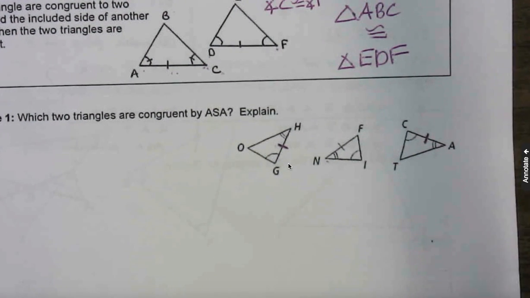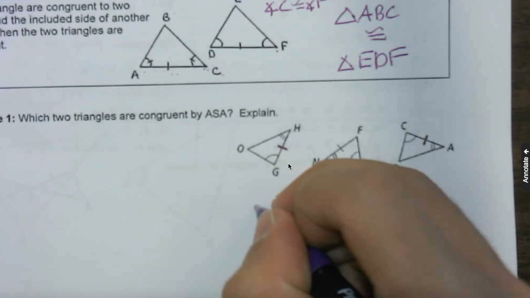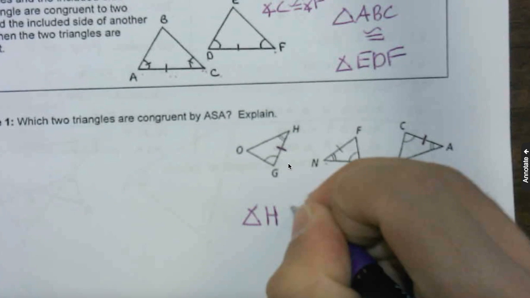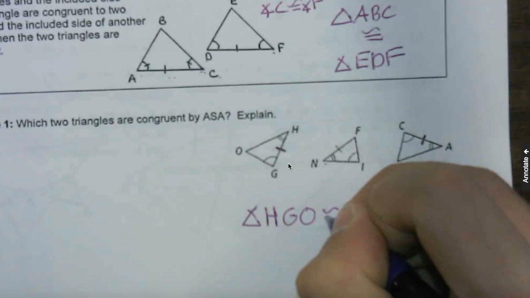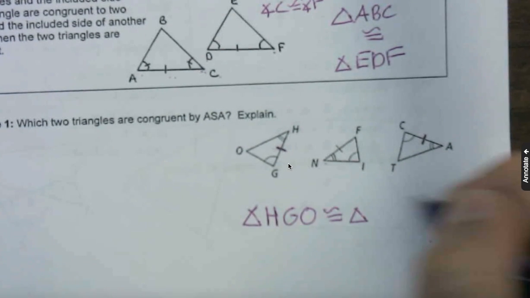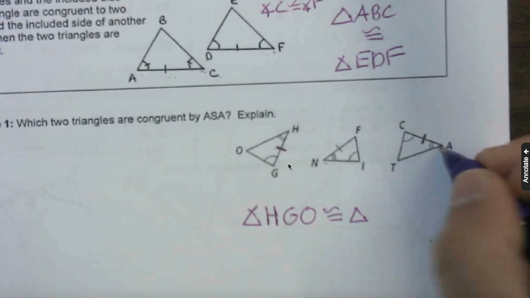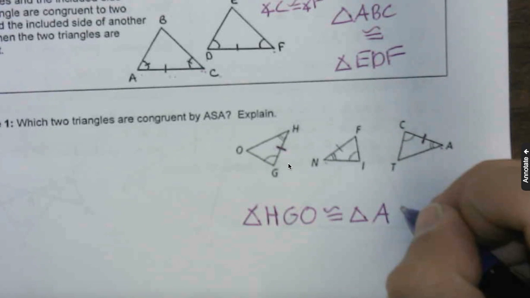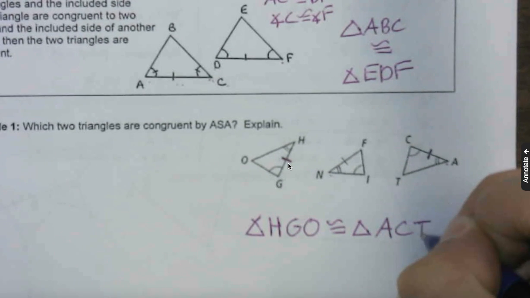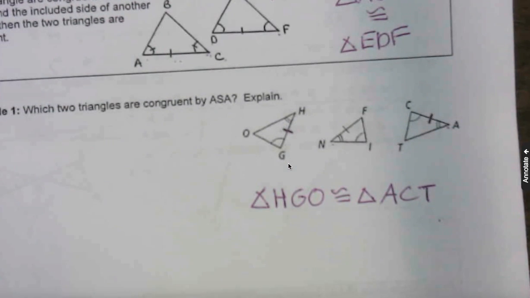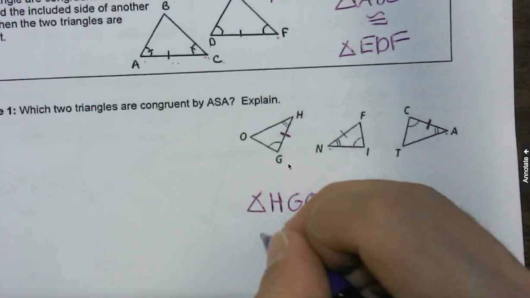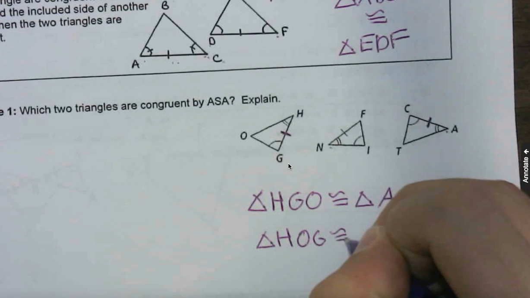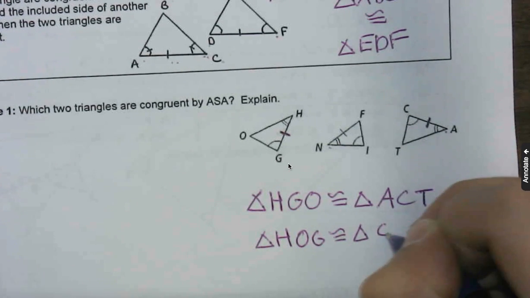So based off of this, we're allowed to say that triangle HGO is congruent to, what would that be, the ACT. So we're allowed to say that. Or you could also put this as HOG congruent to triangle CAT.